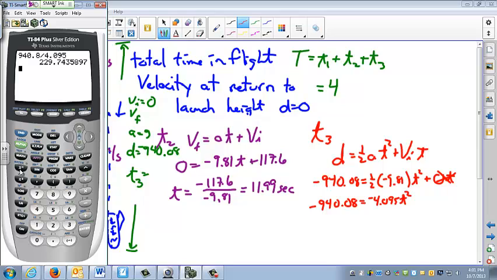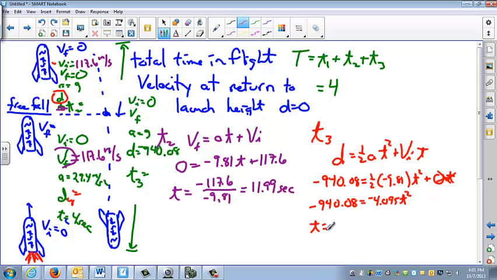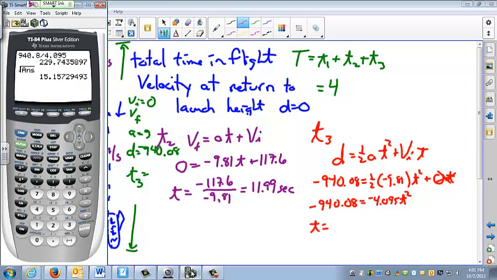We'll just take the square root of that real quick. It's going to give me a T of 15.16.